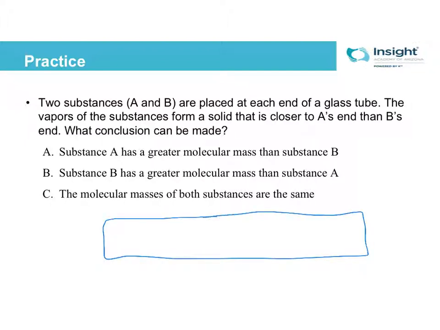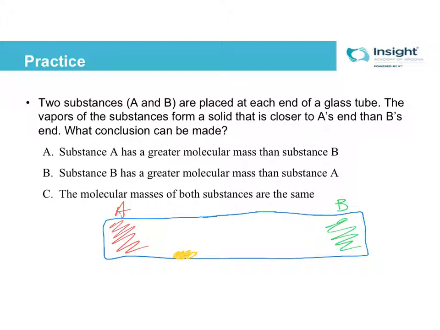You've got your tube, gas A, gas B, and after they diffuse through the tube, when they meet, they form this solid, and it winds up being closer to A's end than B's end.